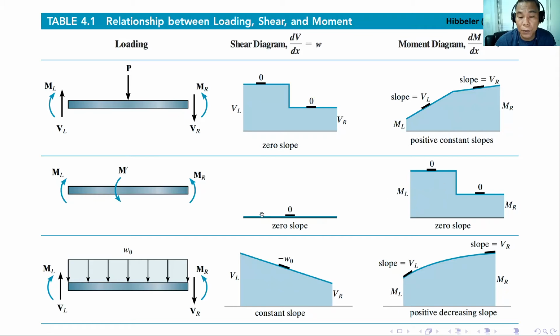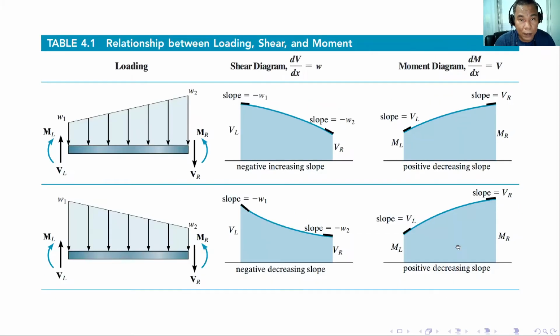Of course, there is no shear here, so the slope should be equal to 0. If it is uniformly distributed loading, shear has a constant slope, and then for the moment we have a positive decreasing slope. Of course, it's positive because it's upward, but the value of the shear is decreasing, so that's why the slope is also decreasing.